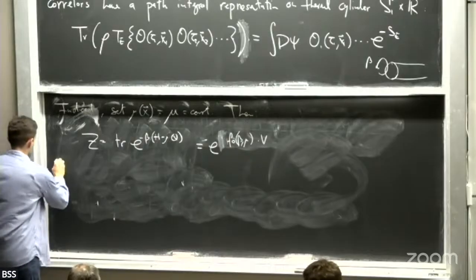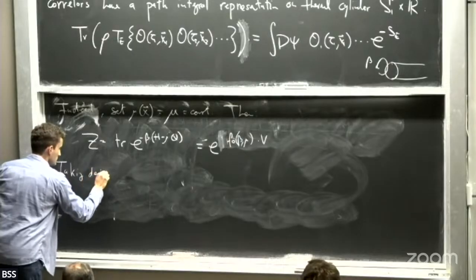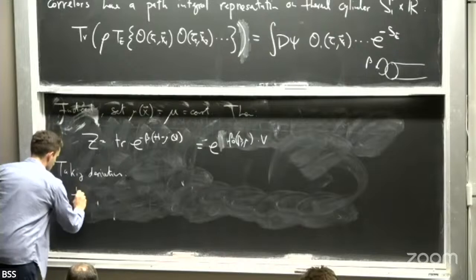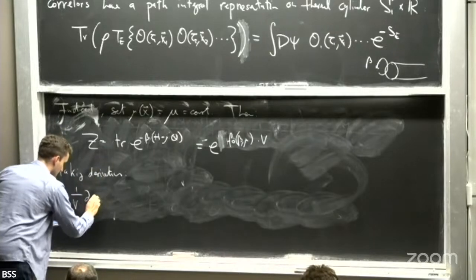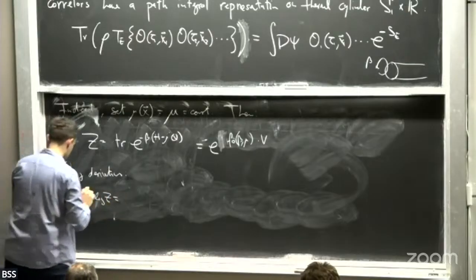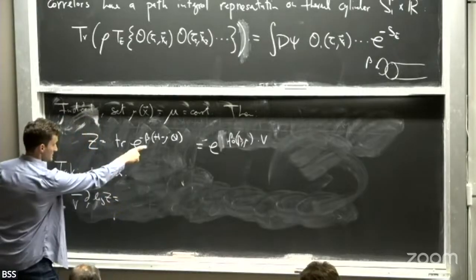Okay, and taking derivatives of this functional with respect to the things it depends on, chemical potential, for example, log Z, this will give you charge density.